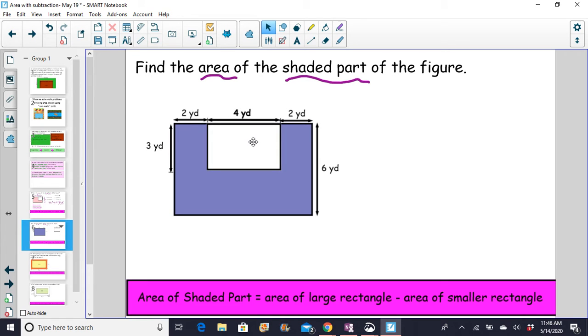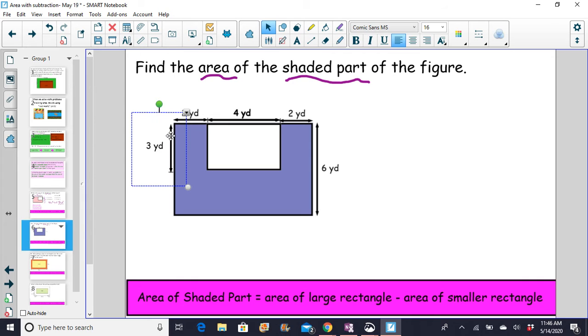Do I have any information on here that would tell me the width of that rectangle? And if you said yes, indeed, I do have that information, you'd be correct, because look over on the left side of the purple rectangle. I have this measurement, it's got the little arrow showing from the top corner halfway down that side is 3 yards.